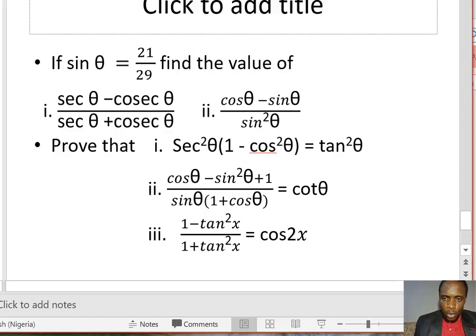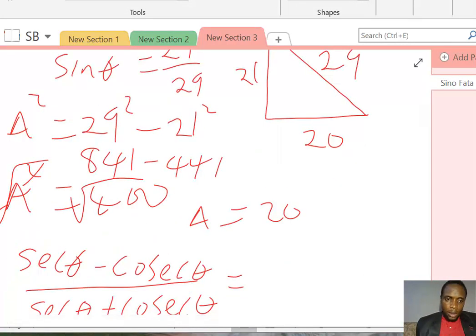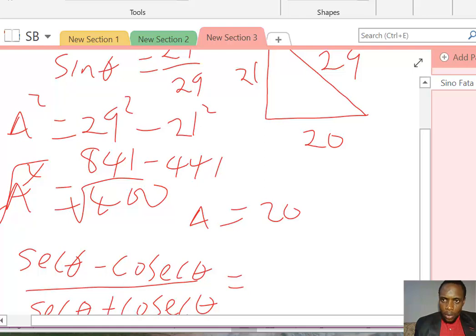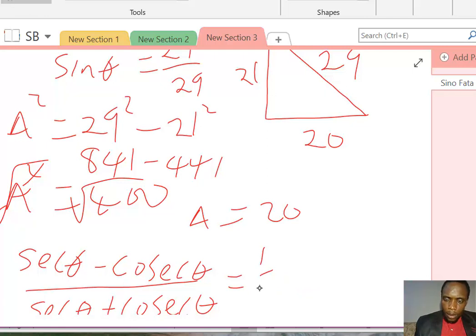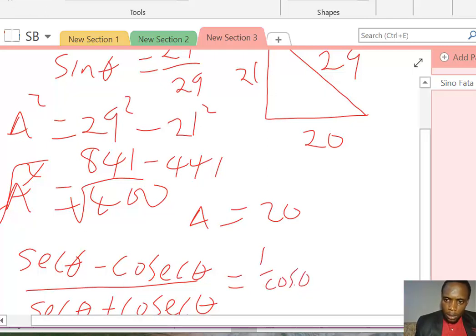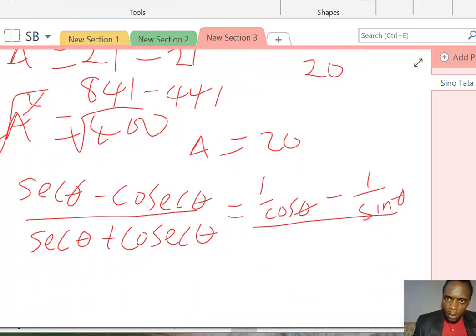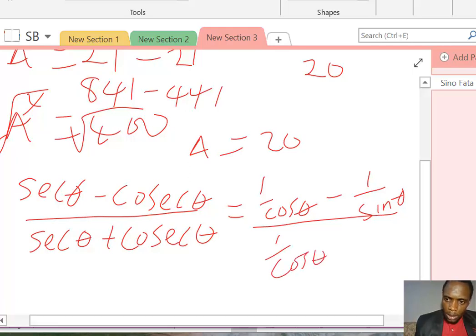So don't forget that sec theta is 1 over cos theta, minus cosec theta, which is 1 over sin theta, all over 1 over cos theta plus 1 over sin theta.